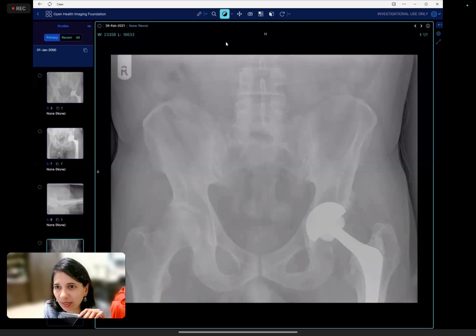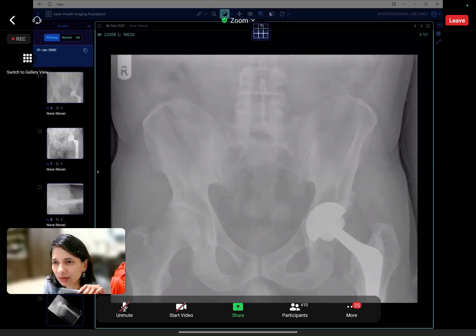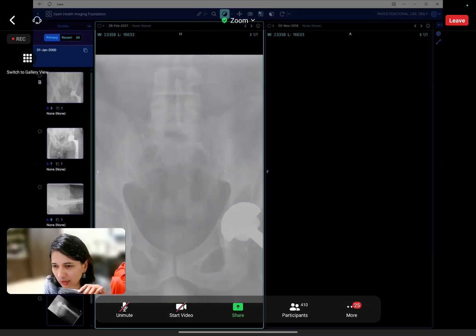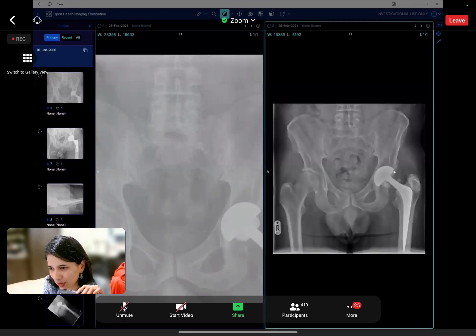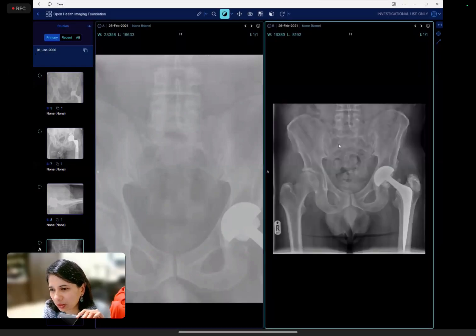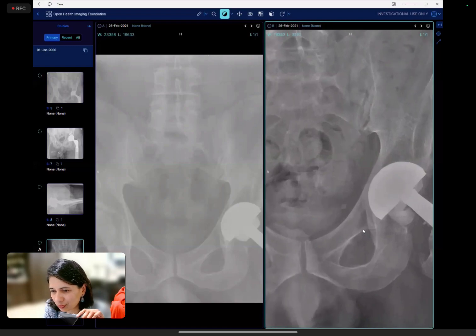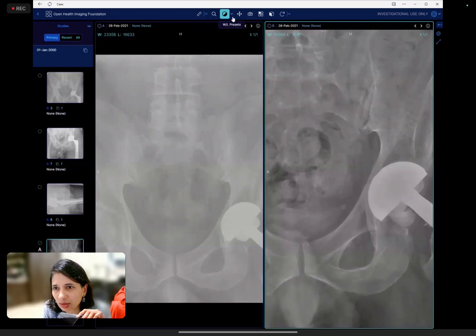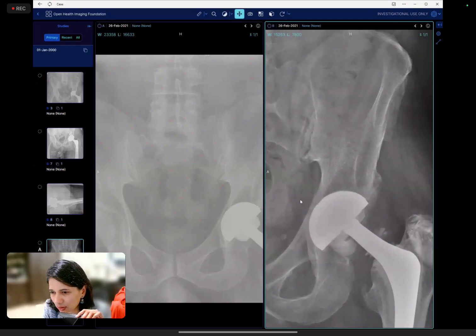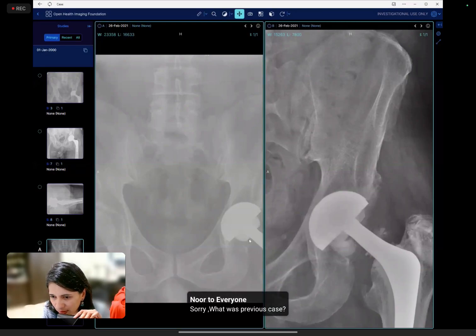So if I go back and share the cases, then I'll zoom it for you, and move it so that we have it centered so that you can see it. Okay, so you can see the head here.